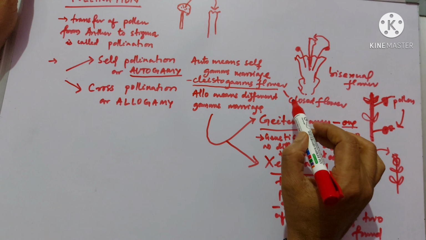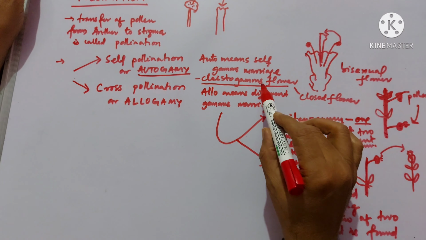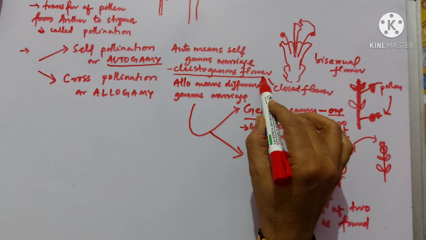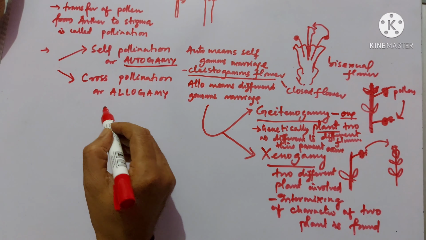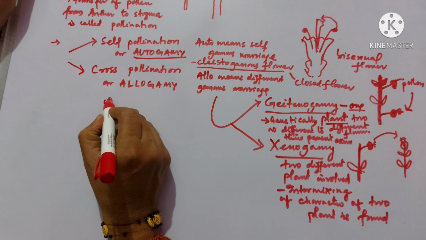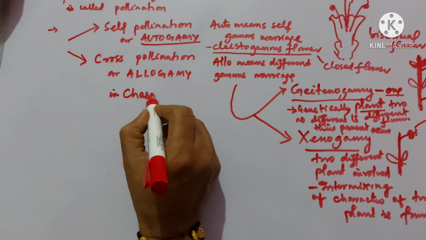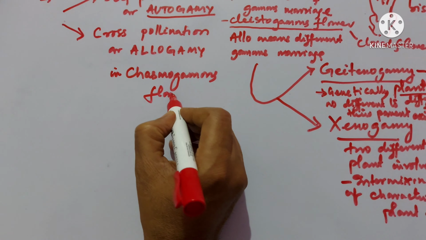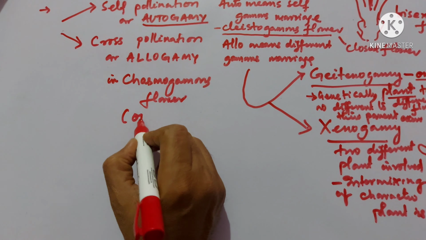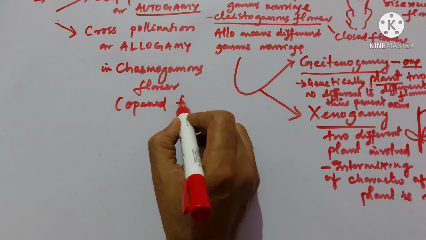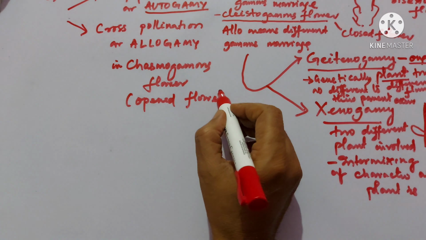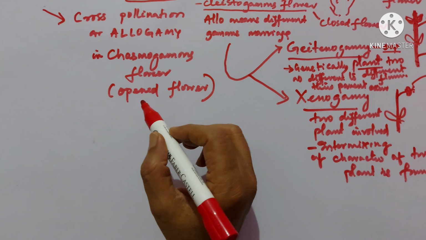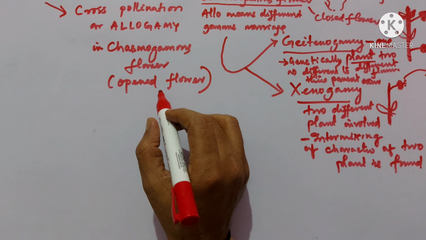So we can say confidently that self-pollination occurs and there is no chance of any foreign pollen coming. And cross-pollination, allogamy, favors the chasmogamous flower, which means the open flower. In an open flower there is a maximum chance of foreign pollen coming to the flower.